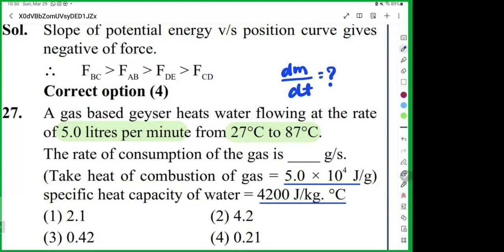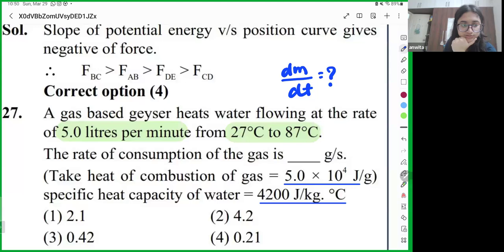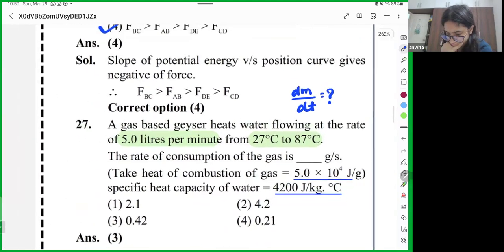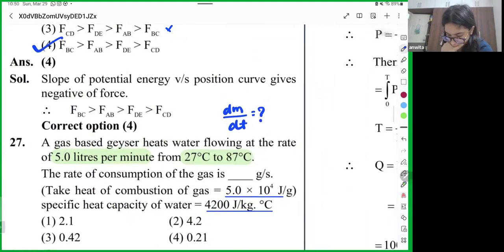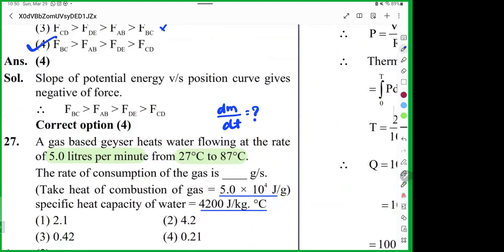Anybody got the answer, or should I explain it? One minute. Okay. Look at this, guys. First thing, in this condition, you know the density of water is 1 gram per centimeter cube. Correct? It means 1 gram is equal to 1 centimeter cube.